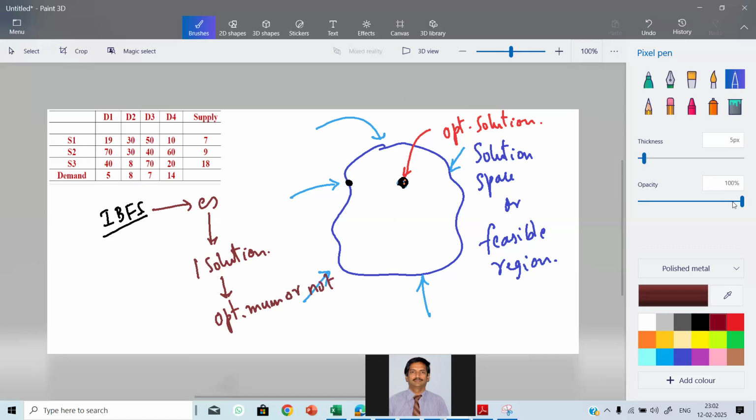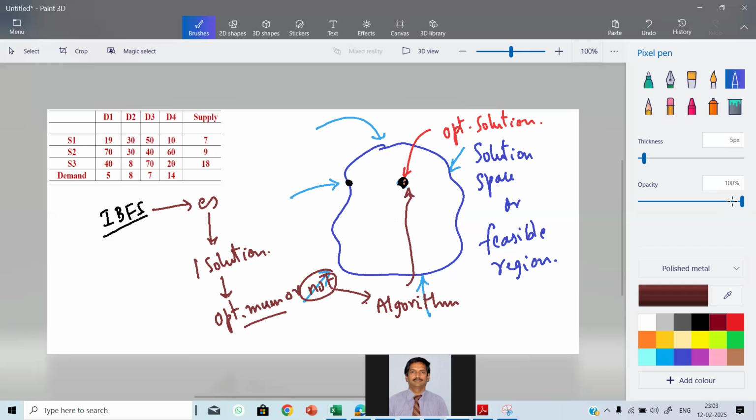If it is optimum, I will declare, okay, the solution is reached. This is the solution, hence approved. If not, then what I will do? I will follow some methodology, right? There is some algorithm to reach the optimum. So by this, I will reach the optimum.